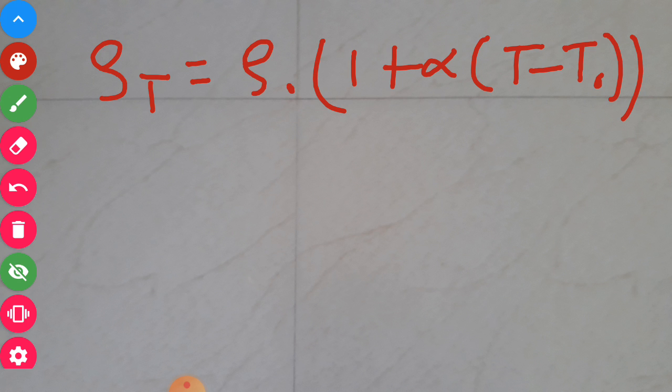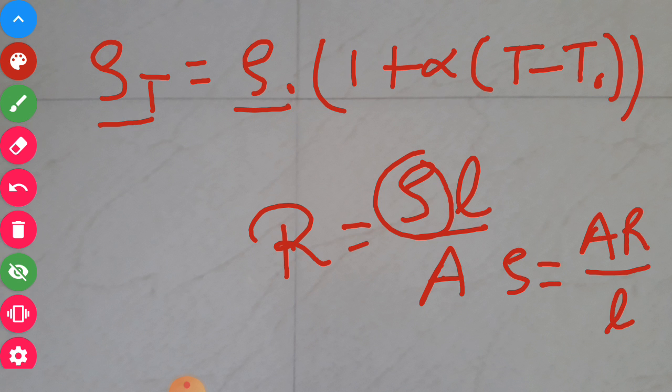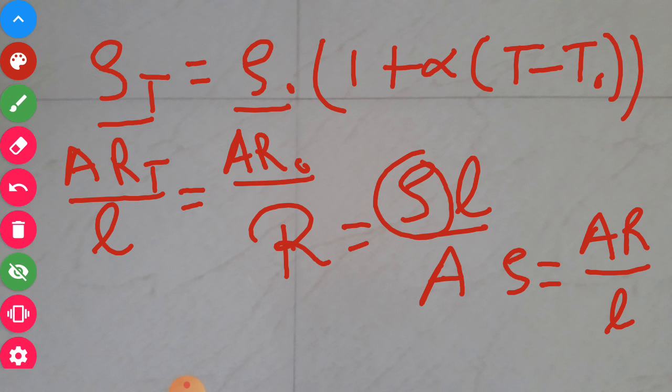Now instead of rho you can write resistance, because rho is resistivity and resistance is given by the formula R is equal to rho L upon A. So rho is equal to A R upon L. Now write A R T, resistance at any temperature T, upon L is equal to A resistance at initial temperature, say A R0 upon L, into the bracket, whatever is there, that will remain as it is.